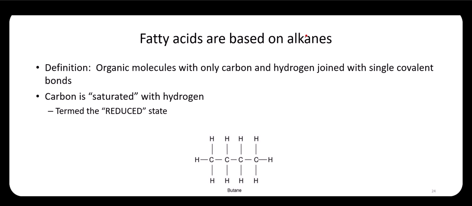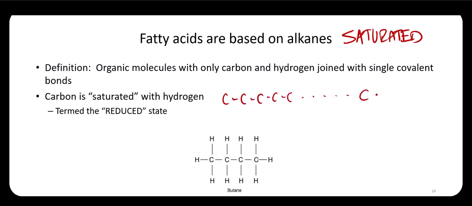Okay, let's talk about fatty acids. And I should have put a slide in here. Fatty acids are based on alkanes if they're saturated fatty acids. So what a fatty acid is, is a chain of carbons, however many, with a carboxylic acid on the end.